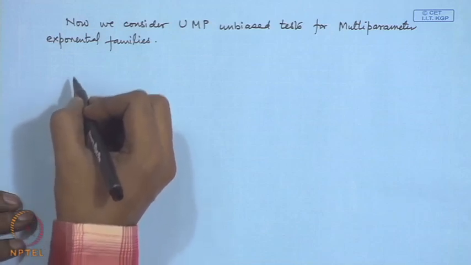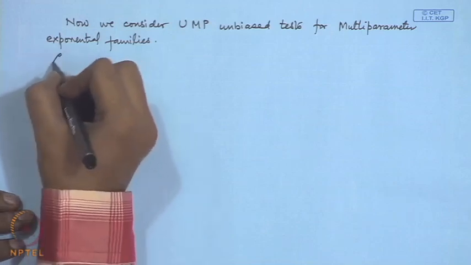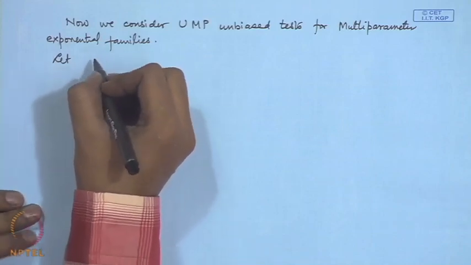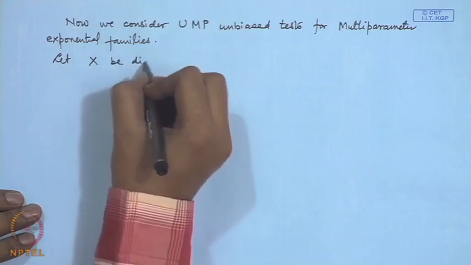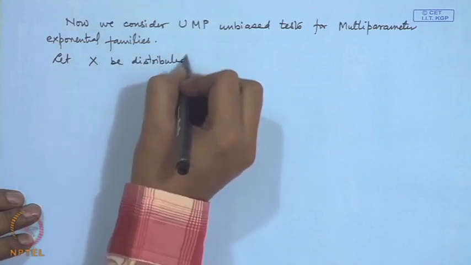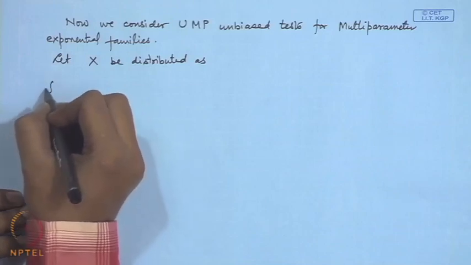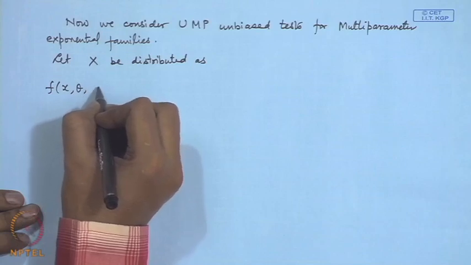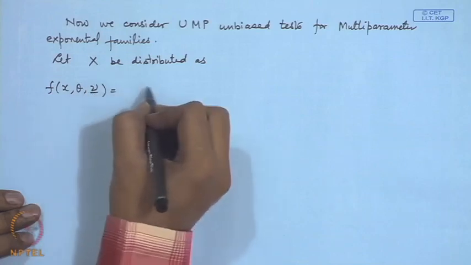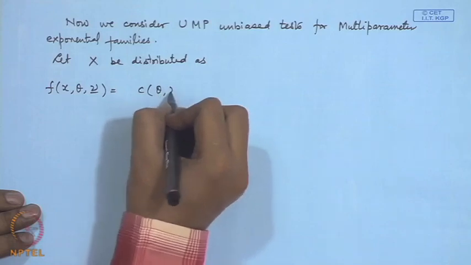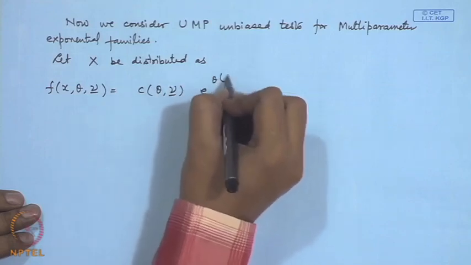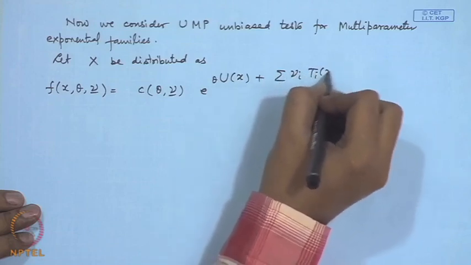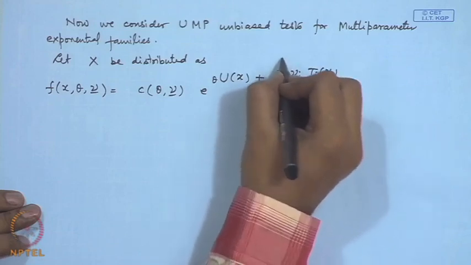So, let us consider the multiparameter exponential family as follows. Let X be distributed as f(x; θ, ν) equal to c(θ, ν) e to the power θ U(x) plus sigma ν_i T_i(x), i equal to 1 to k.